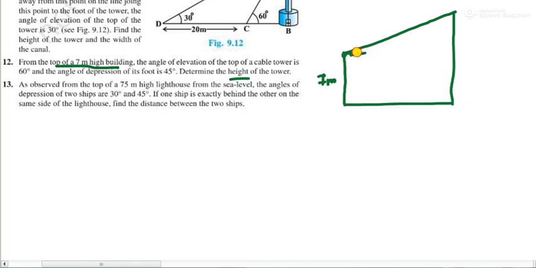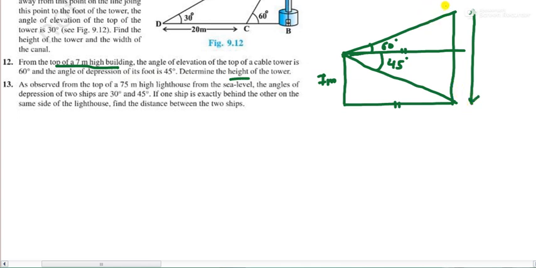If I draw this horizontally, this angle is given as 60 degree. Now these two horizontals are equal, because they are horizontal level. Next, the angle of depression of its foot is 45. Here is the foot. So angle of depression, which angle? This one. How much is this? It is 45. Determine the height of tower, means this total height you have to find.